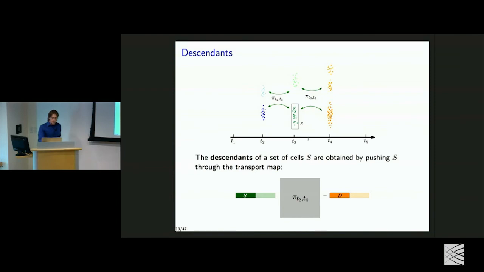So that's a good question. So here I haven't talked about estimating anything yet. This is just if we knew exactly what the transport was, then these would be the descendants of the cells. And you're right that when we talk about estimating these transport maps, we'll only be able to do that if the time points are close enough. That's a good point.